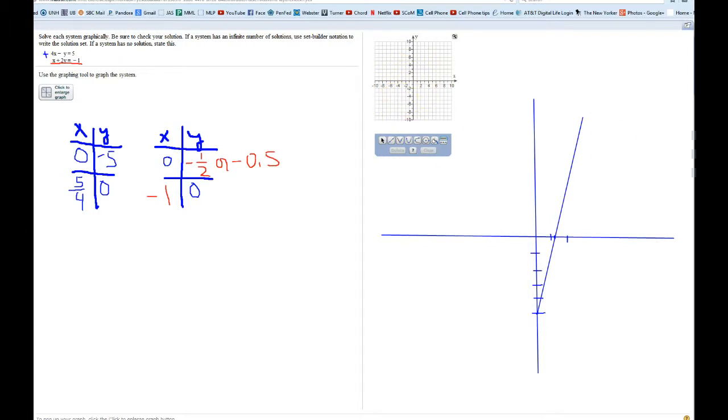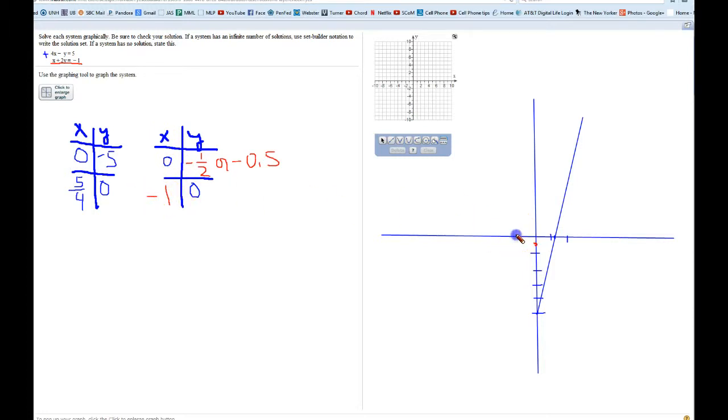And then you take your other, I'm going to change colors here, and this is red. Now we have x is a 0, y is a negative 1/2, which is going to be right there. 1/2. And x is a negative 1.